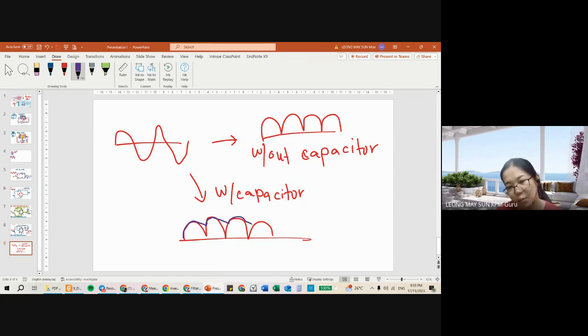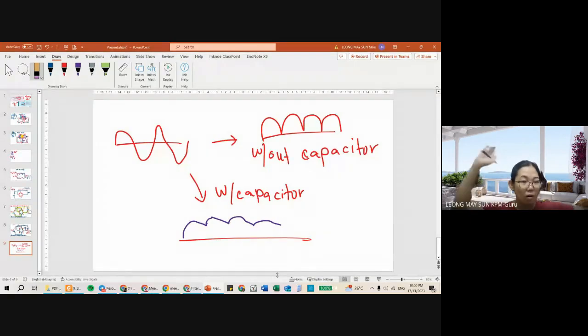So with a capacitor, this is actually what we call a smoothing process. It smooths out the line. All right. So the direct current power supply, instead of on and off, on and off, will become on all the time. So that's how we have our TVs and our devices.